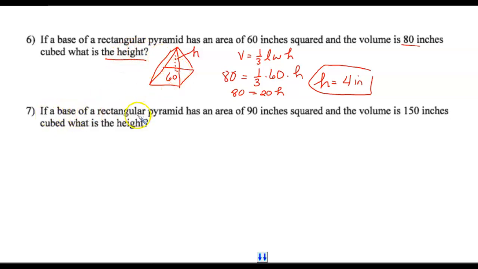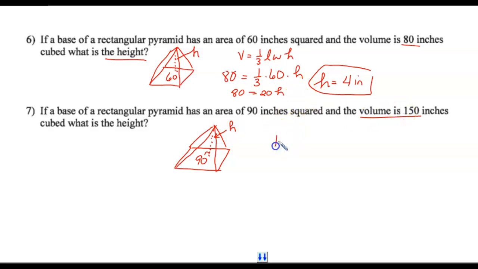Here's a base of a rectangular pyramid that has an area of 90 inches. So this time our rectangular base has 90. It has a volume of 150 inches cubed. And we're again looking for the height.